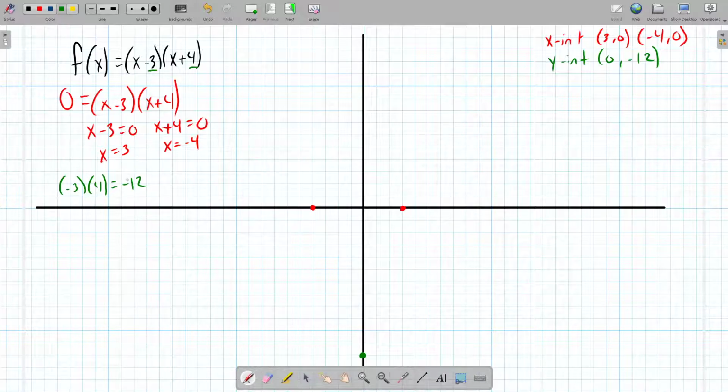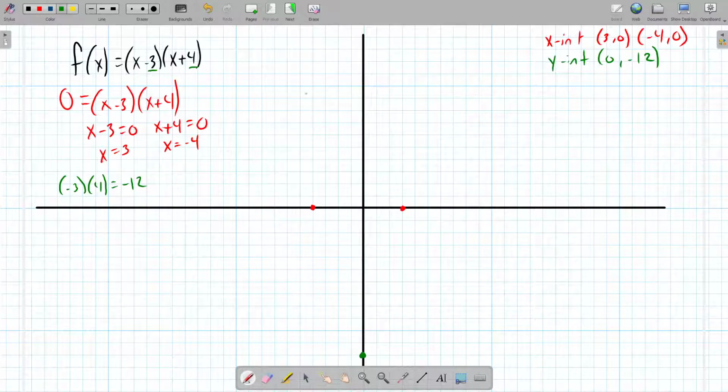Alright, so we have x-intercepts, we have the y-intercept. We need the vertex. So how can we find the vertex? Well, we don't have any formula like we did in the last video with standard form. We need to think about properties of parabolas and quadratics. Quadratics are symmetrical.